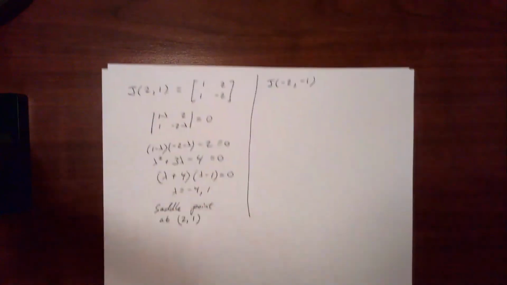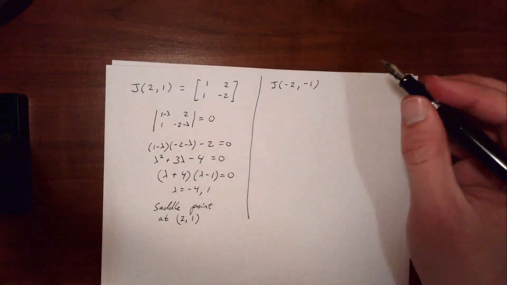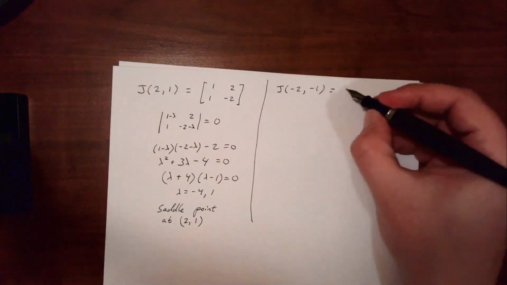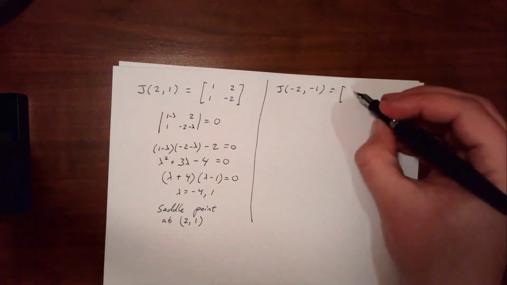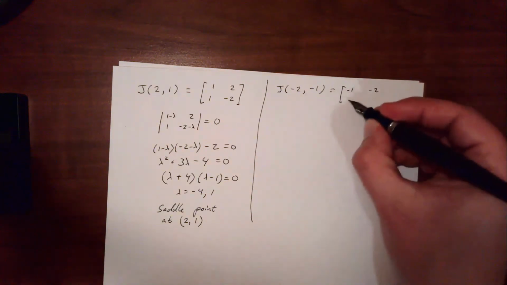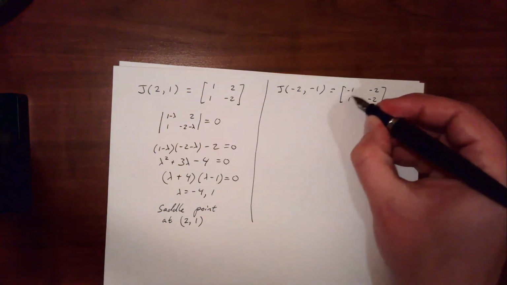Okay. So back to the main program here. So the Jacobian, once again, was y, x, 1, -2. It's going to be -1, -2, 1, -2. And again, we were playing with fire here for a second.